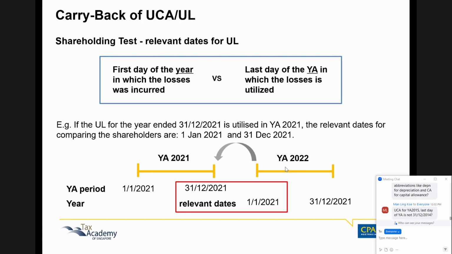What is the first day of the year in which the loss was incurred? YA 2022, the first day of the year in which the loss was incurred is 1st January 2021. The last day of the YA in which the loss is utilized: I'm going to use it in YA 2021, so my last day of the YA is 31st December 2021.